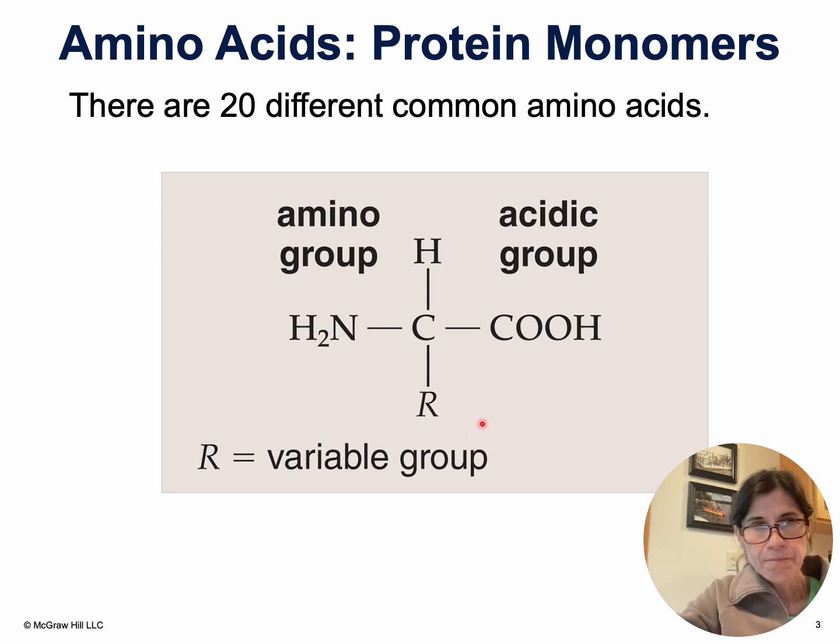We're going to talk a little bit about the different R groups and how they give each amino acid certain properties. I like to make the analogy of words in the English language. We have 26 different letters in the alphabet, and with those letters we can combine them in different orders to make almost an infinite number of words.